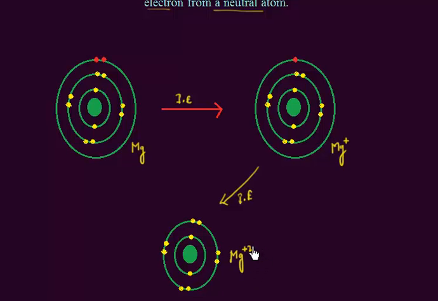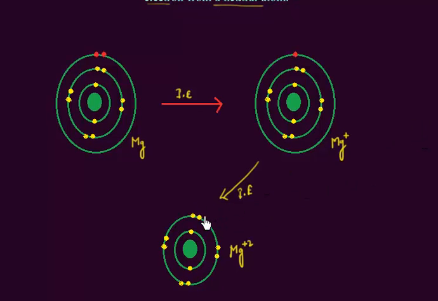The +2 charge shows that it has lost the second electron in its outermost shell. Since there are no electrons left in the outermost shell, it is left with 2 shells only in which electrons are present.